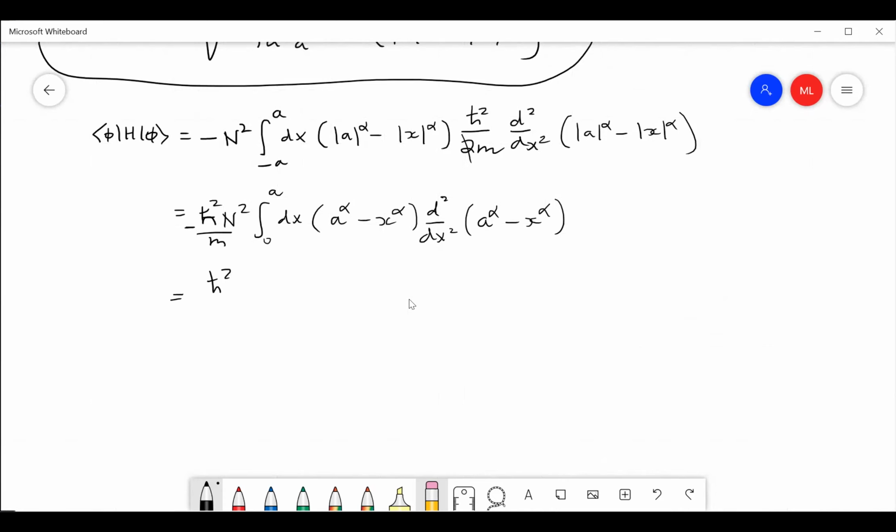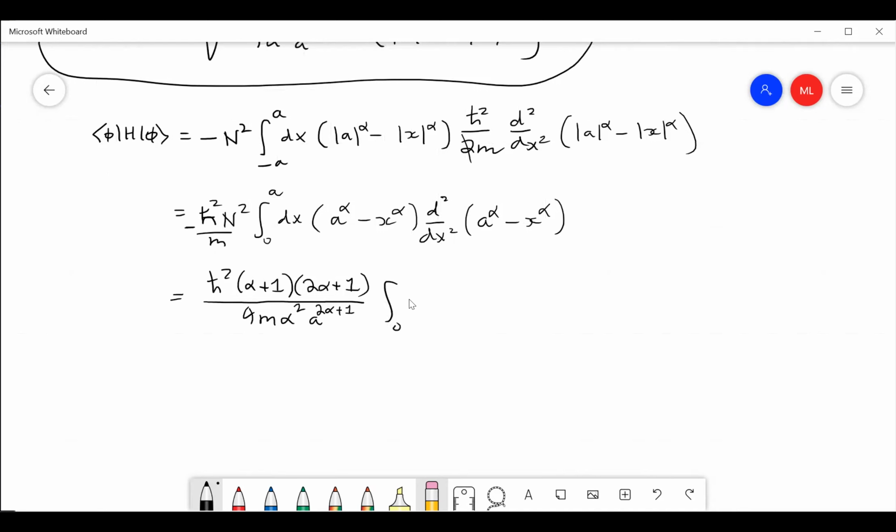We can put in the n squared. That will give us an alpha plus 1 and a 2 alpha plus 1 divided by 4m alpha squared, a 2 alpha plus 1.